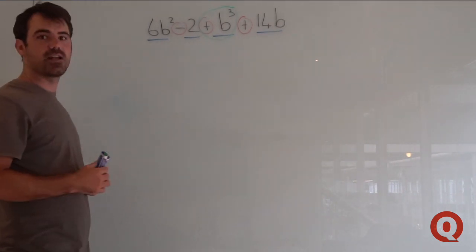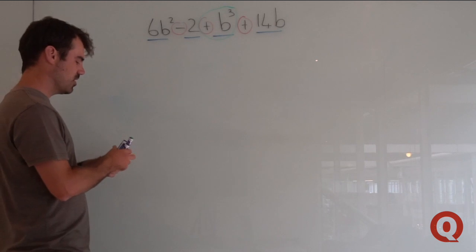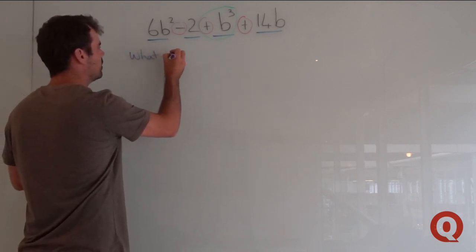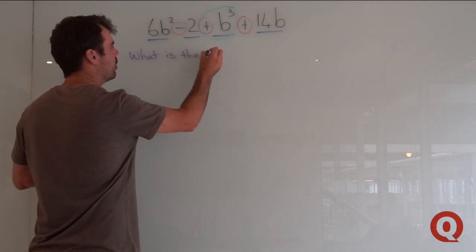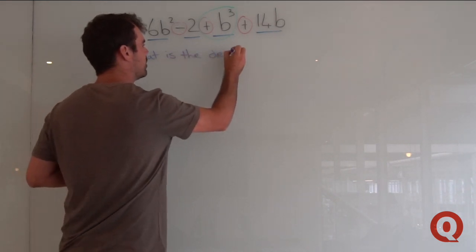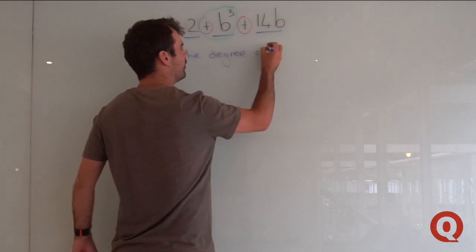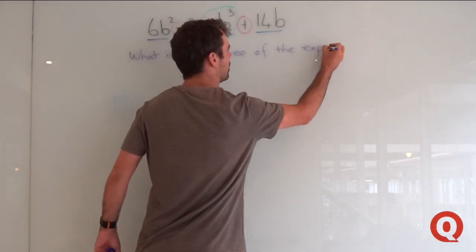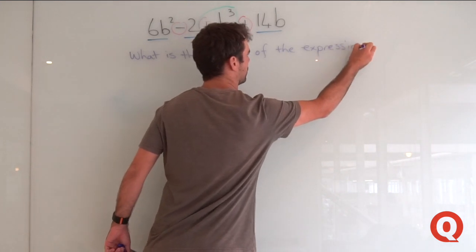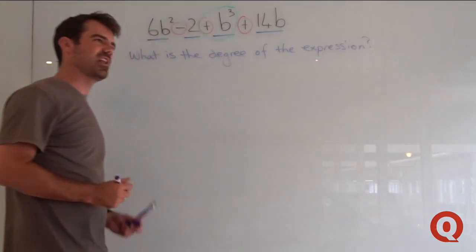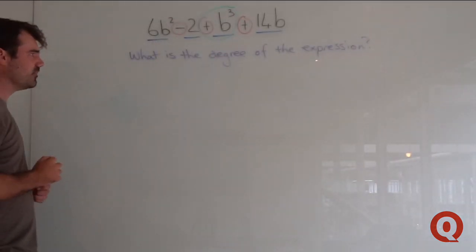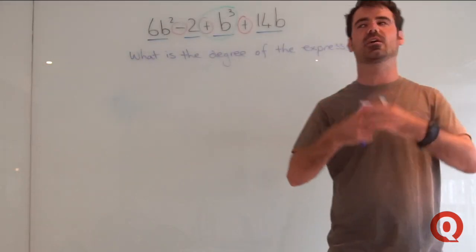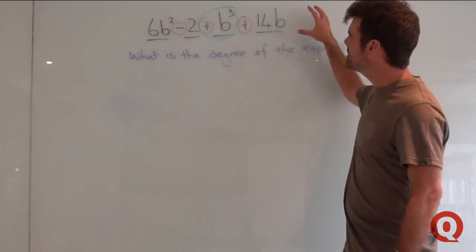So, the next standard question that they like to ask you is, what is the degree of the expression? Now, this is something we just need to really understand and remember, because when they talk about the degree, it's to which power this expression is raised.